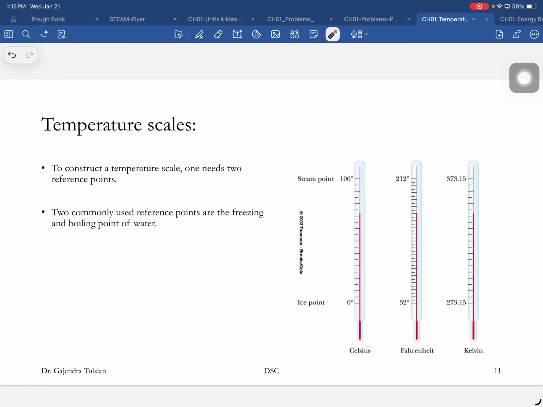All right, so now we'll talk about the temperature scales. There are 3 commonly used temperature scales. It turns out that you can make infinitely many temperature scales, but these are the 3 commonly used ones. Here's what this is based on.